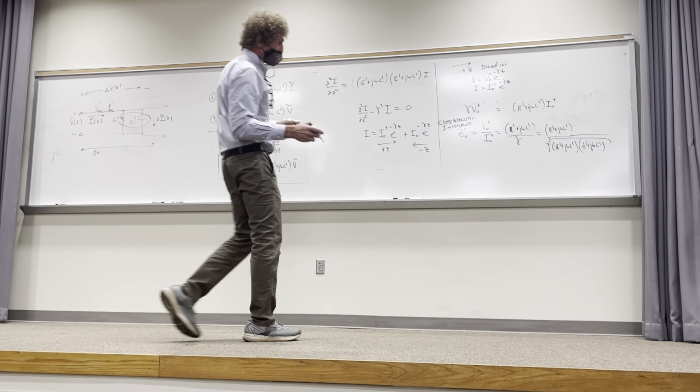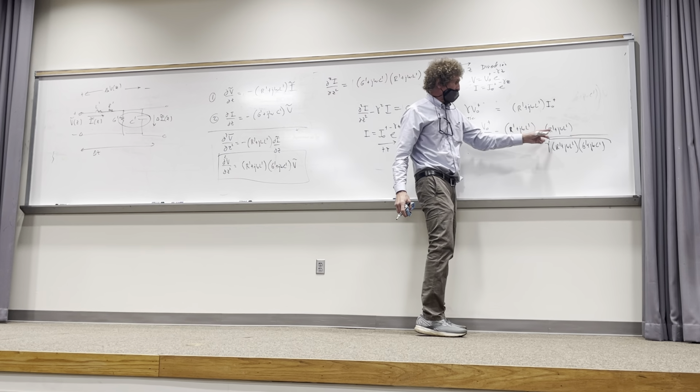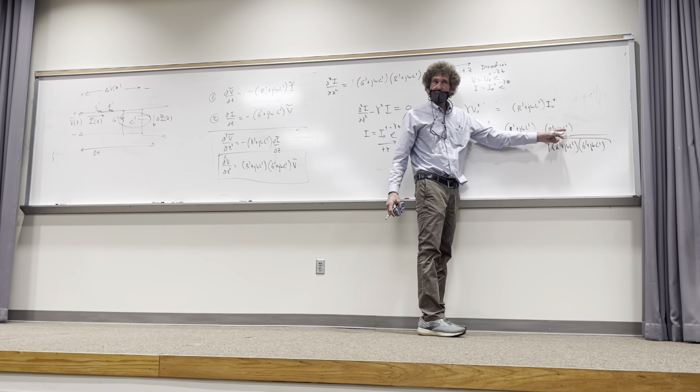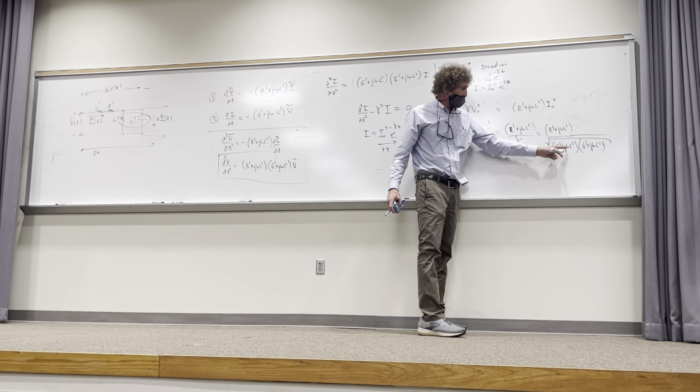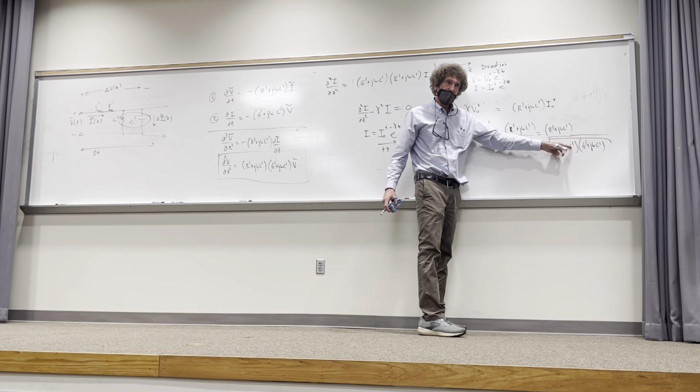Take a look here. You see how I have R prime plus j omega L prime here? And I have R prime plus j omega L prime here, correct? But this is to the 1/2 power.